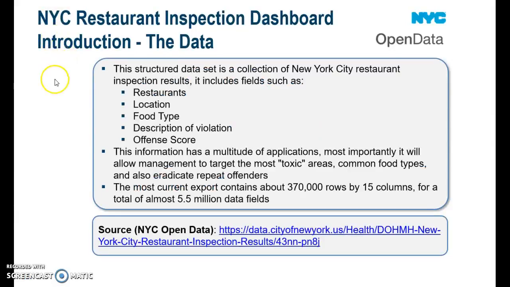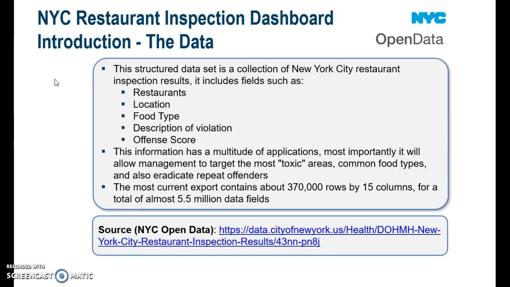First, I would like to introduce the viewer to the type of data that we'll be working with. New York City has about 40,000 different restaurants, which has led the Department of Health and Mental Hygiene to perform yearly unannounced audits to test for food quality.